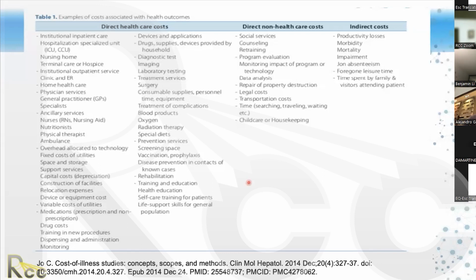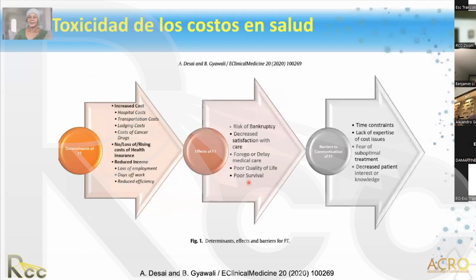It's not that this is the most important thing, but this is an element where we will need to seek that the treatment that we are offering our patients should be accessible, and we should consider also the toxicity of health costs.